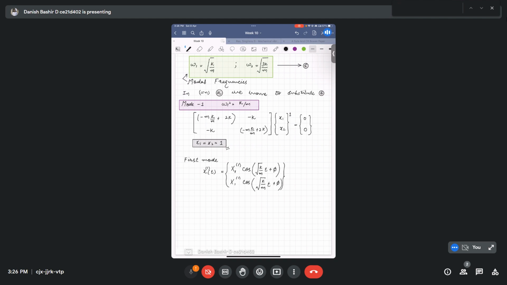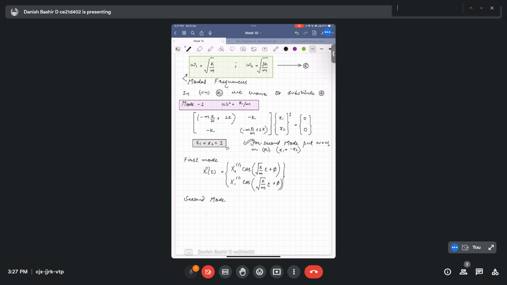Similarly for the second mode, I am not writing the whole derivation. For the second mode, we put omega equal to omega 2 in equation alpha. We will get x1 is equal to minus x2. Remember this.